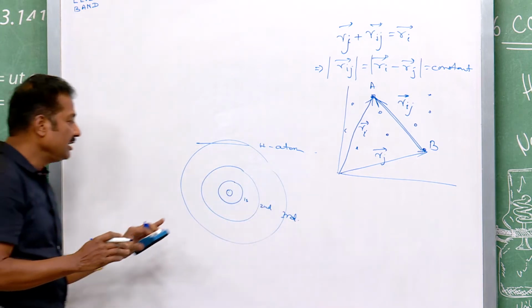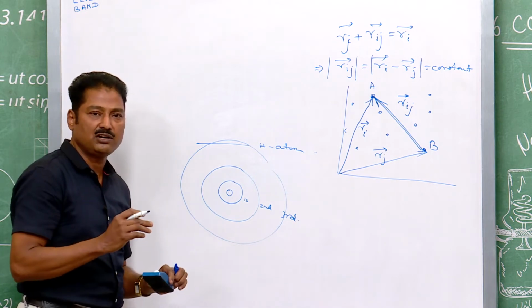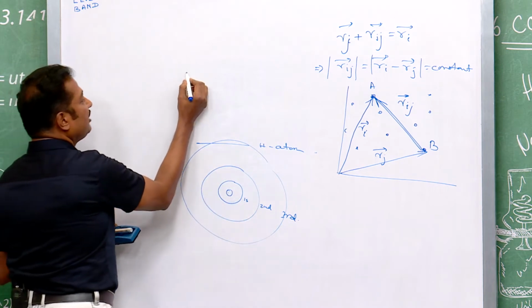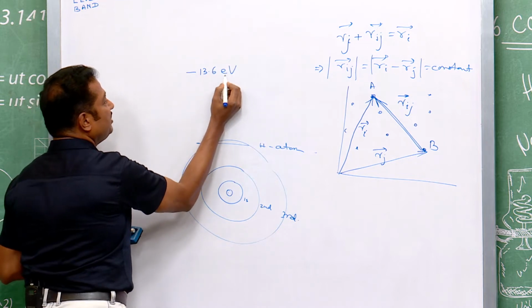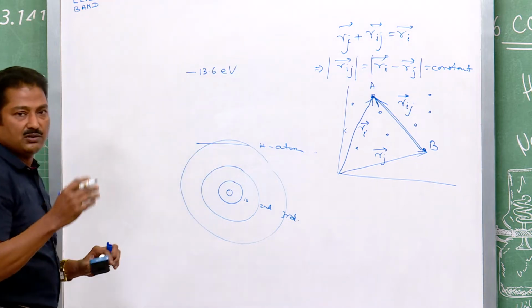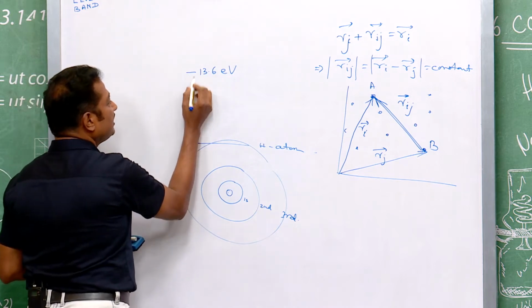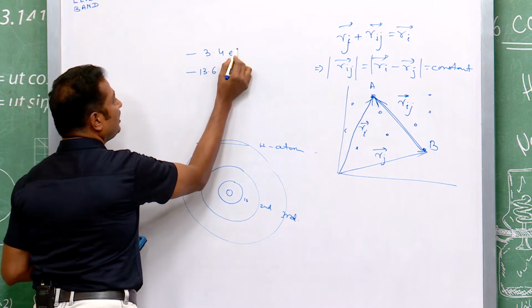Similarly, if you consider higher and higher orbits of the hydrogen atom, then in the first orbit the energy of the electron will be minus 13.6 eV. What is eV? We will come to that very soon. So, in the second orbit that will be minus 3.4 eV.